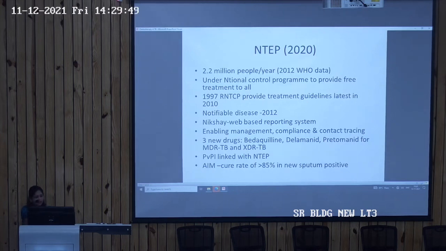The aim is to achieve a cure rate of more than 85% in new sputum positive cases, and to eliminate TB by 2025. That is the target for this program. Okay, that much is important here. For more about the program, you can read any community medicine book.